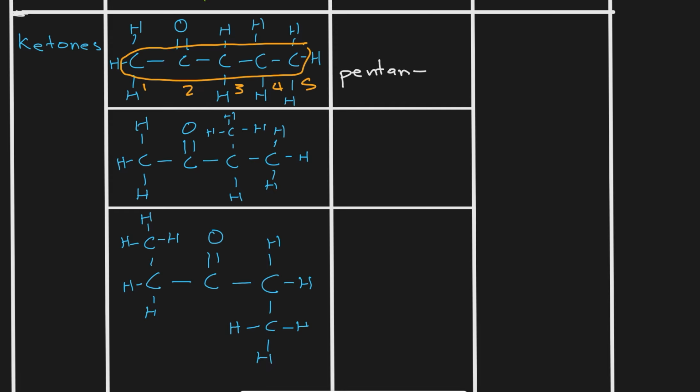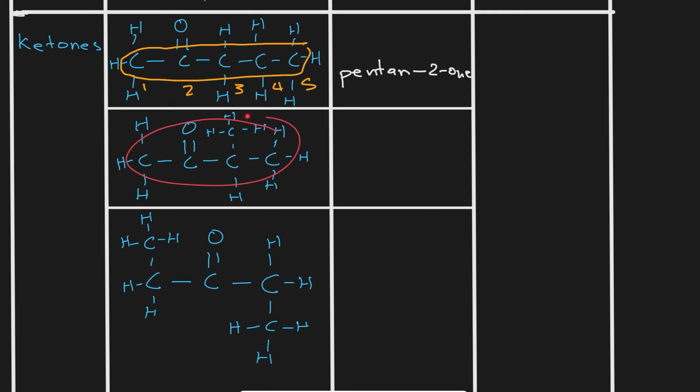Then you must position the functional group. It is on the second carbon, so that is 2, and then one, so that is pentan-2-one. That is how you name that ketone. This ketone does not have any branches, so that is just the name of it.